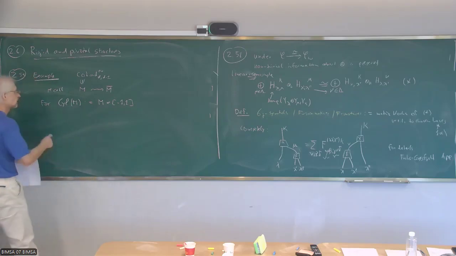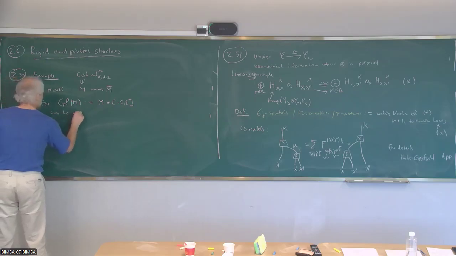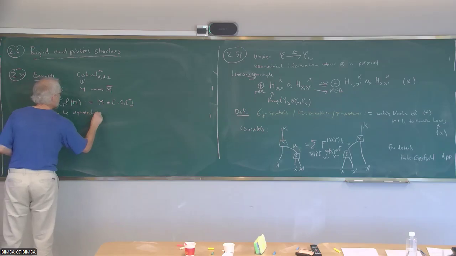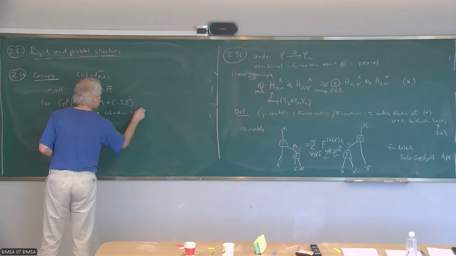But it's not clear what it is, because you immediately see that this can be regarded or made into a cobordism in 6 different ways.